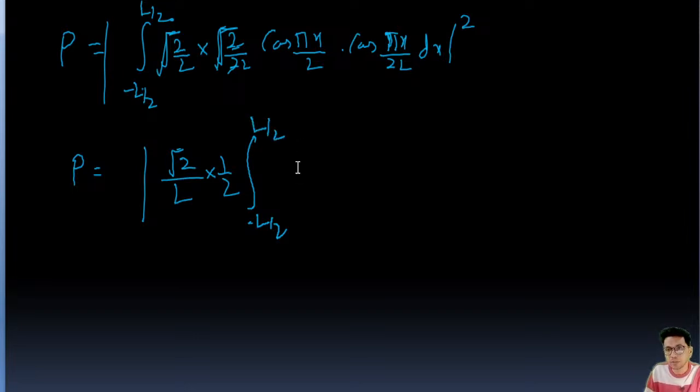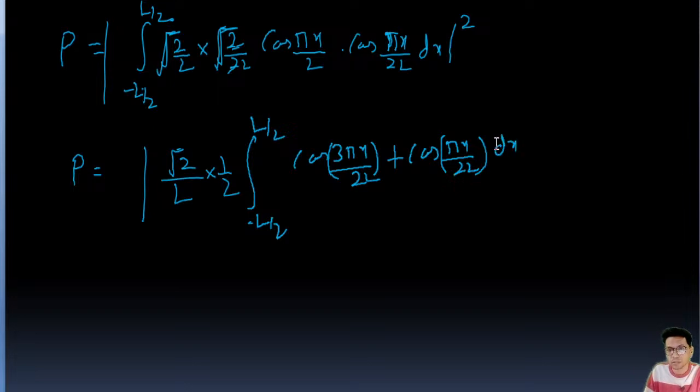This is going to be cos A plus B, which is cos 3 pi x upon 2L, plus cos pi x upon 2L, dx.